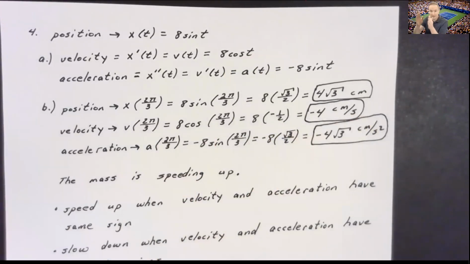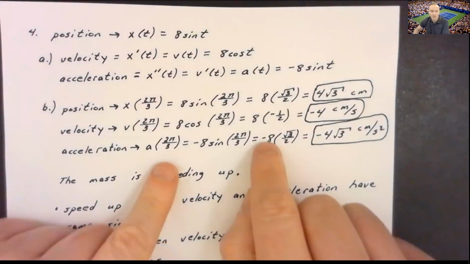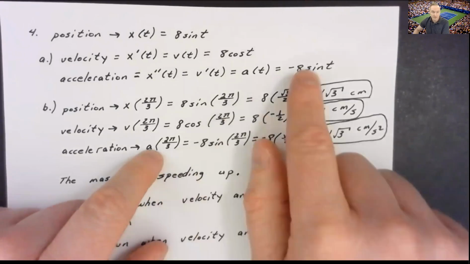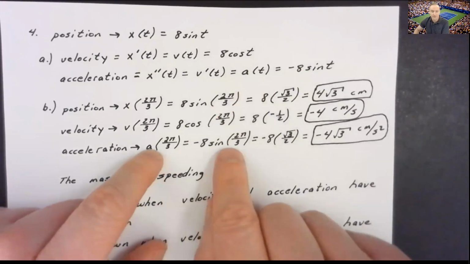So I know at the point in time I'm interested in, at 2 pi over 3 of a second, the spring is extended beyond its natural length, but it is going inward. It's going towards the wall. So I can say, okay, it's going to the left, towards the wall. Well, what's the acceleration? The acceleration function, that was our second derivative of position, first derivative of velocity.